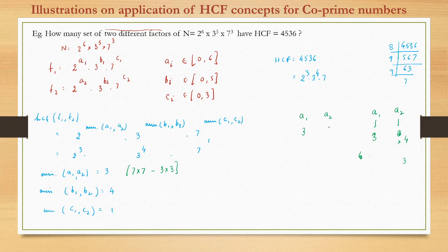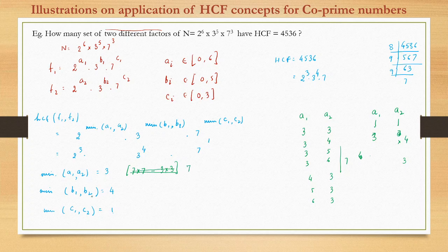Let's suppose a1 takes 3, so a2 can take 3, 4, 5, 6, right? Now if a2 takes 3, so a1 can take 4, 5, 6, right? So how many cases are here? 7 cases, right? So this will be nothing but 7 cases.